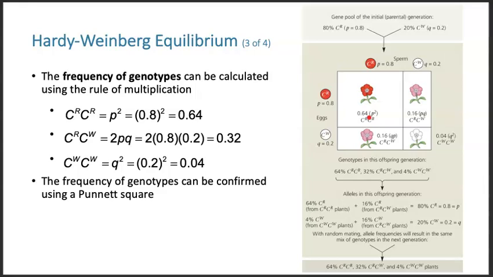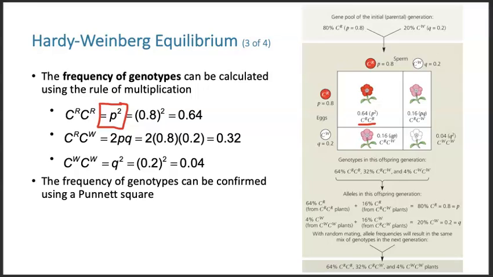Or 0.64. And we give that the name p squared. Hopefully that makes sense to you. P squared is p times p. And p squared also represents the frequency of the homozygous, in this case for red, or we could say homozygous dominant if we were actually using dominant-recessive in our example.